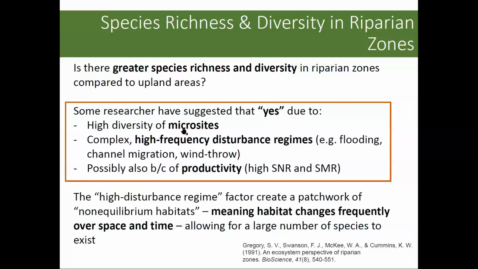Because it's so dynamic, there are lots of little unique pockets or microsites with attributes or habitat features conducive to the habitat needs of certain species. It's also possibly linked to the high productivity, which is another aspect of why riparian zones are so important.